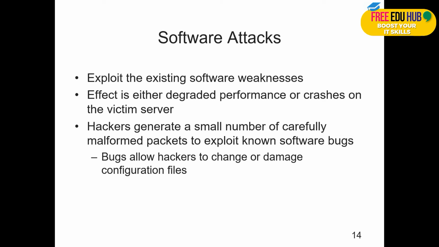Anyone who is in search of these kinds of software which are still being used in organizations can target the systems because, first of all, they are not on the latest operating system. Second, they are not properly patched. They are still using older operating systems. So they take advantage of the software weakness, and then they try to attack these systems.